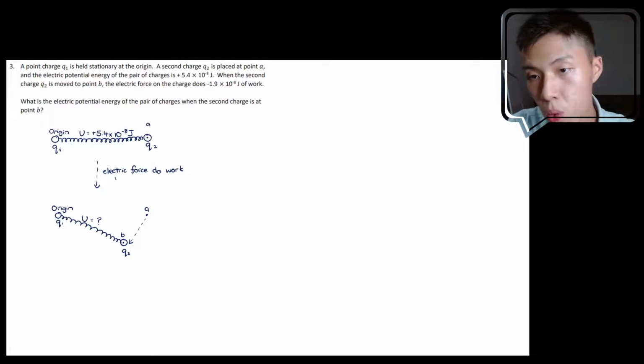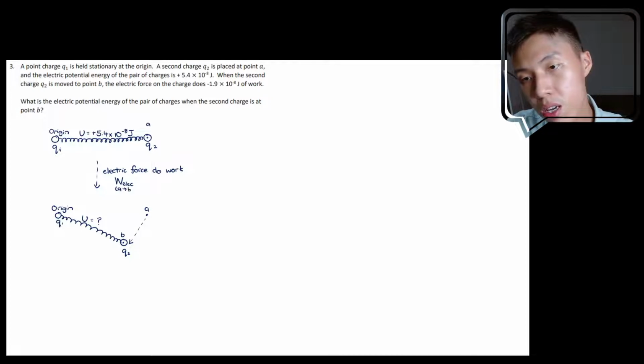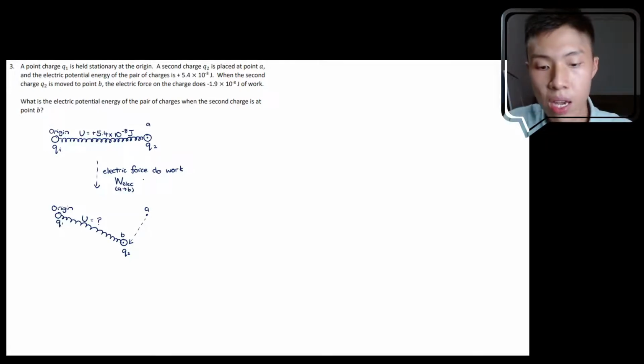So we can say work done by the electric force to bring a charge from point A to point B. Okay, this is how I usually write work done. Work done, then I say is by what? Either it's work done by the electric force or work done by the external force. Okay, you have to look at the situation. In this case, it's the electric force that does the work.